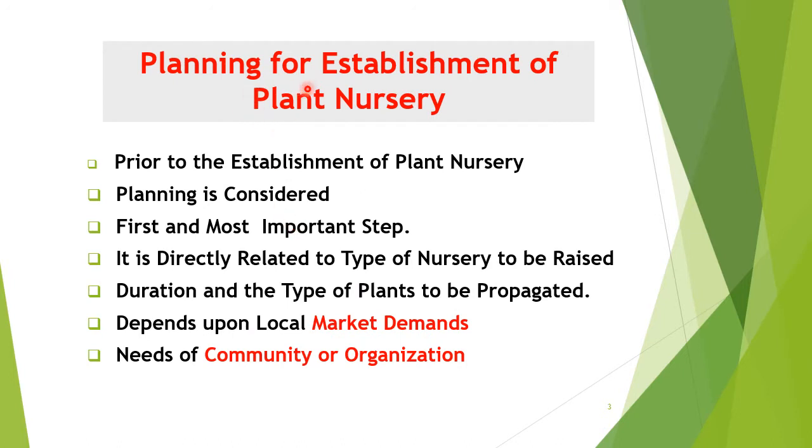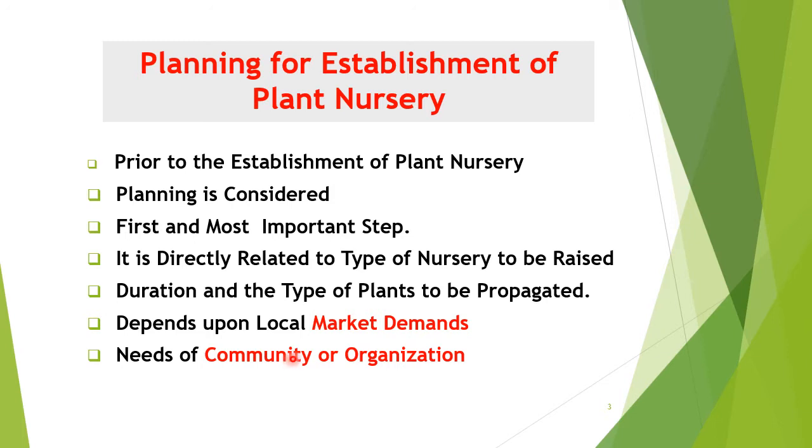For planning, we have to plan for establishment of a plant nursery. Prior to the establishment of plant nursery, planning is considered first and most important step. Why? It's directly related to the type of nursery to be raised, duration and the type of the plants to be propagated, and it depends upon local market demands, needs of community or organization.